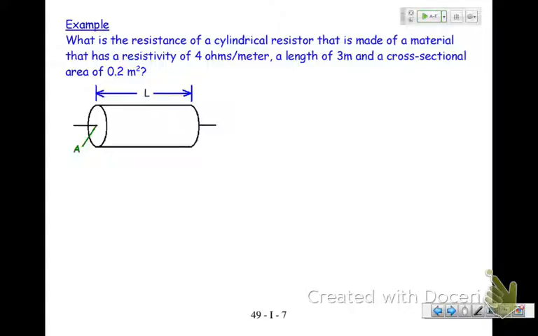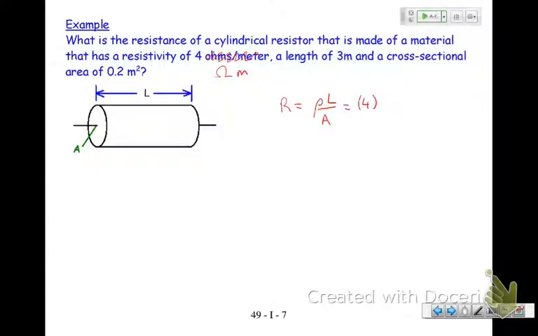So let's do one of these. What is the resistance of a cylindrical resistor that is made of a material that's a resistivity? Oh, and here, I'm sorry, I need to correct this. This is ohm meter, and I do it throughout, so it's ohm meter. Resistivity is not in ohms per meter, it's ohm meter. So what we say is R is equal to rho L over A. So this is going to be my resistivity of 4.